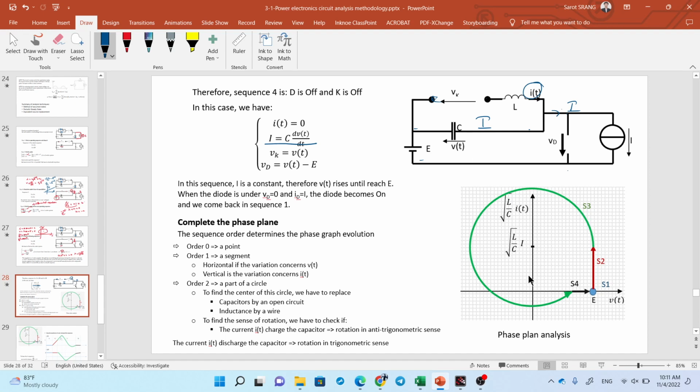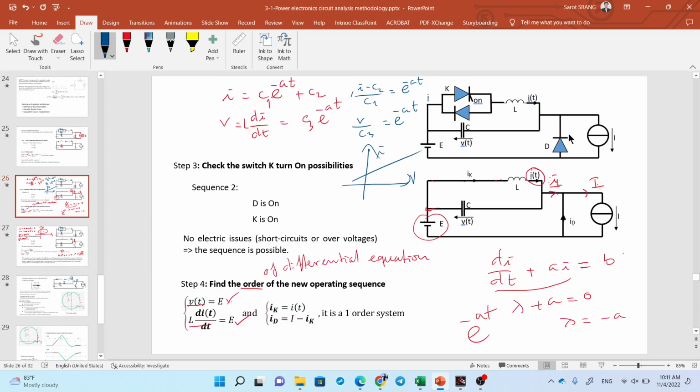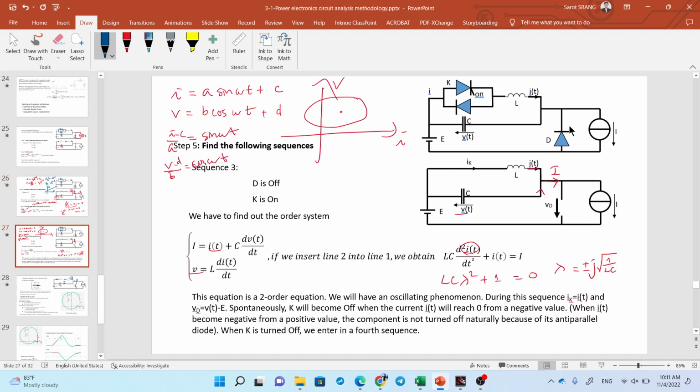Okay, and the voltage at D, we need to check voltage at D, because if you find out voltage at D is negative, then it cannot. No, if voltage D is positive, then it cannot. Look, D from here to here.